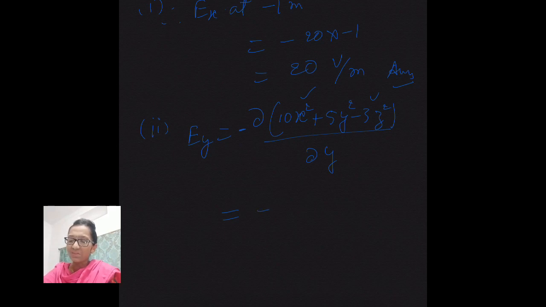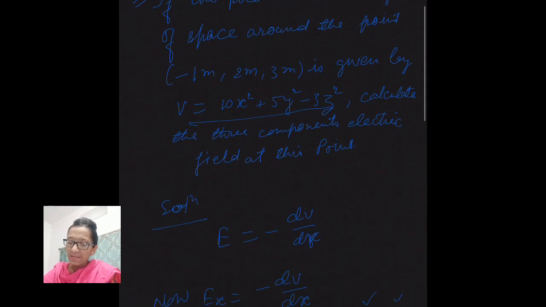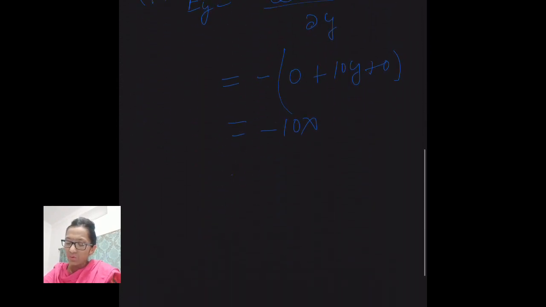So this becomes minus, 0 plus 10y plus 0, which is equal to minus 10 into y value, and y value is given as 2 meter.